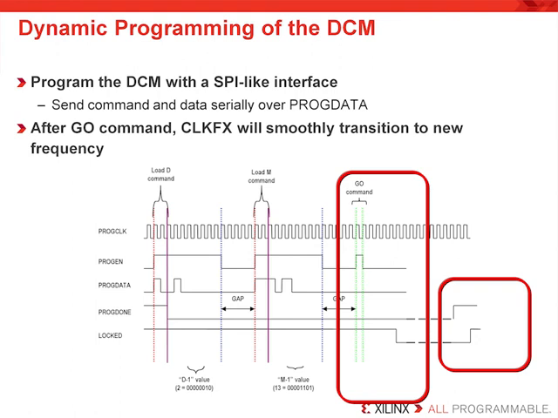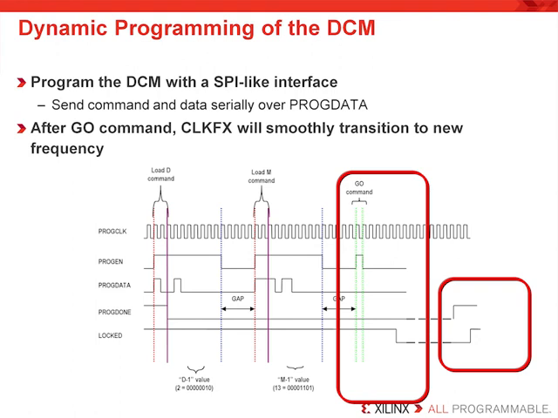Now, as I mentioned, if you're going to use that dynamic programming of your frequency output, this is done with a SPI-like interface. So you simply have to send command and data serially over the program data pins. After a go command, the clock FX output will smoothly transition to the new clock frequency.